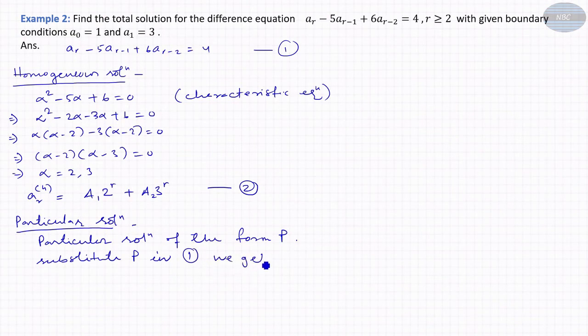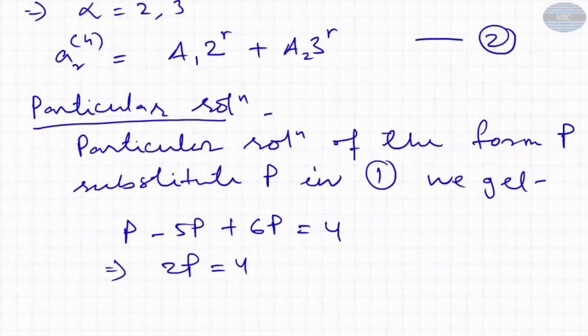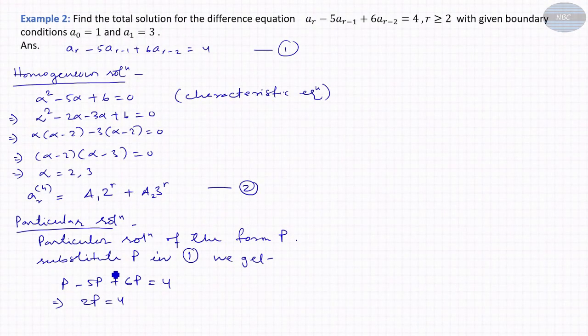We get P minus 5P plus 6P is equal to 4, which implies 2P is equal to 4, which implies P is equal to 2 here.